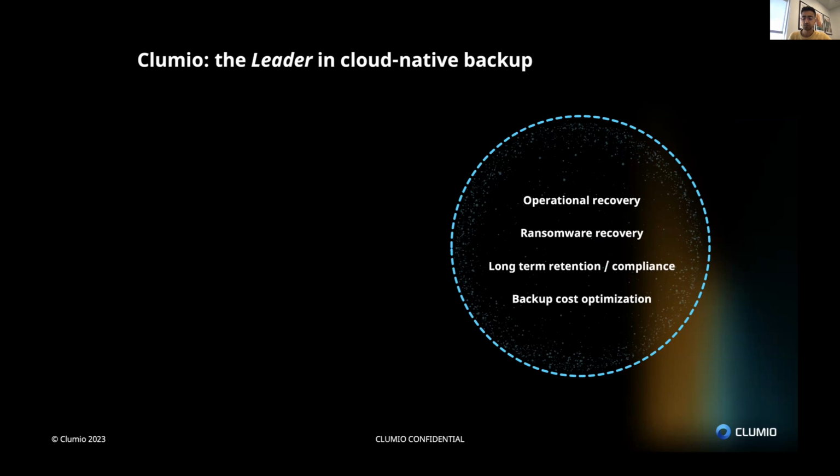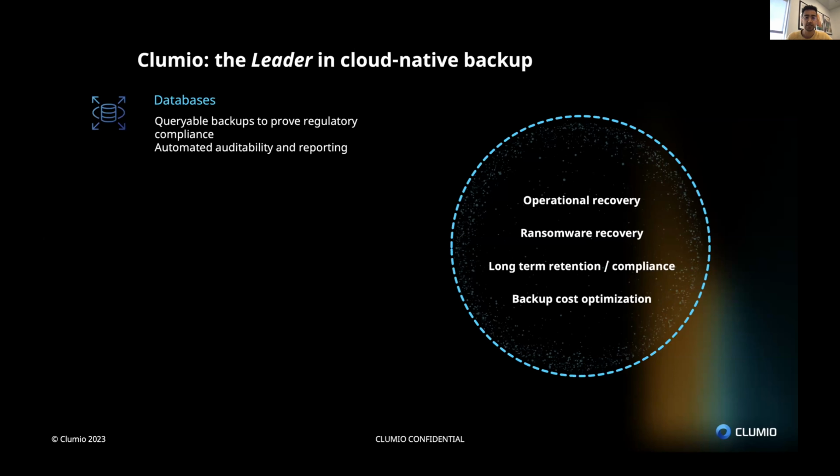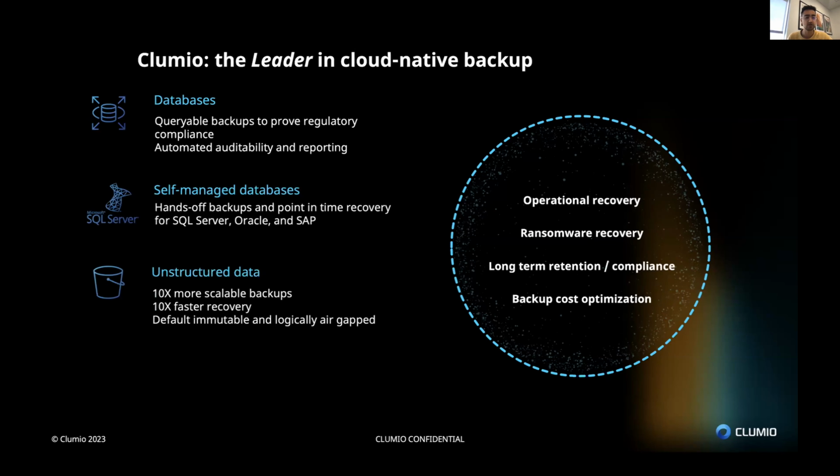So if we think back to the things we talked about as to what needs to get backed up in a cloud-native app, Clumio can essentially help you automate the backups of all of that. This includes critical or regulated information in your databases, whether it's a managed database or a self-hosted database. And then this also includes data lakes and unstructured data, including what we spoke about earlier, like config files, logs, user information, and so on.